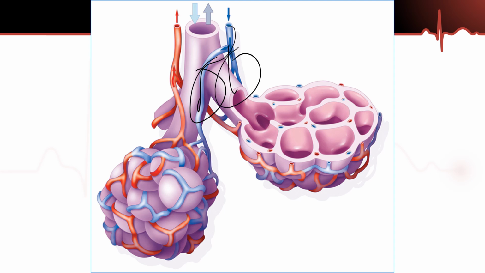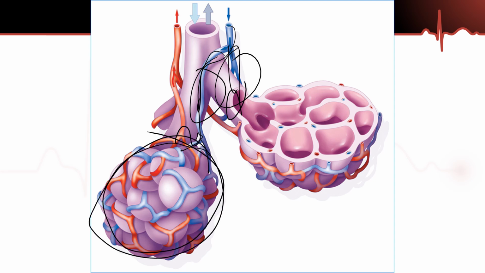The pulmonary arterioles are carrying deoxygenated blood, blood that is poor in oxygen and rich in carbon dioxide. And then the pulmonary arterioles are going to form the capillaries that surround the alveoli. Right? These are pulmonary capillaries formed from the pulmonary arterioles. So this is carrying deoxygenated blood to the alveoli.